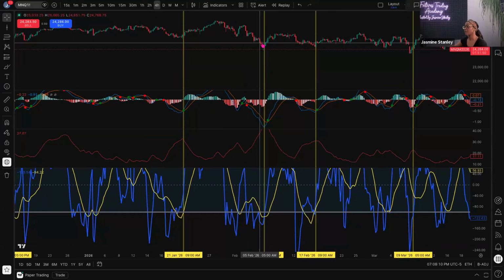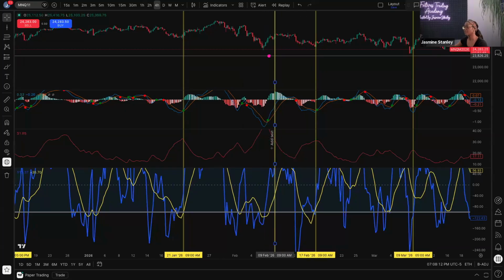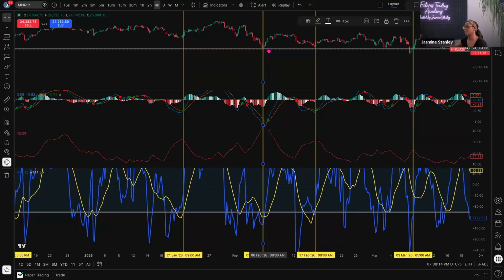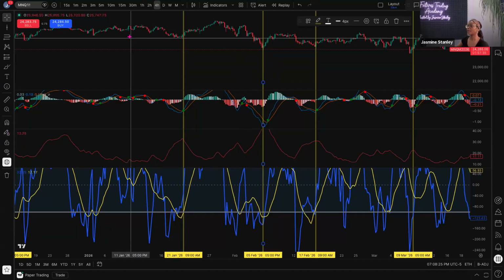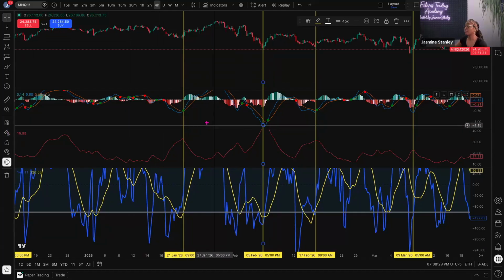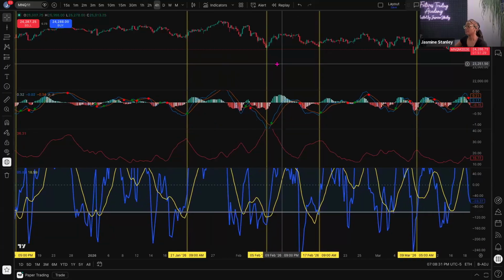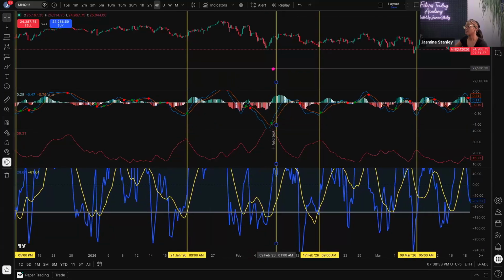Because this ain't even a breakout yet. This ain't no clean breakout. Intraday? Nope, this ain't what I see. I don't know what you mean by that.